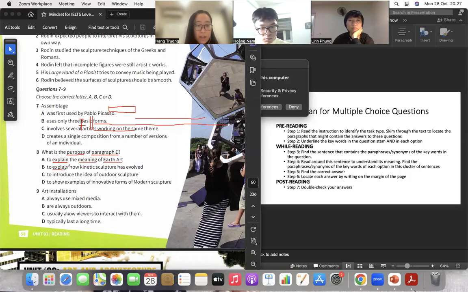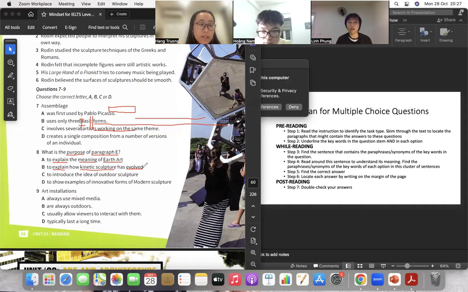B: explain how kinetic sculpture has evolved. Kinetic sculpture is one type of sculpture, right? What does it mean, evolve? It goes like more than developed. Yeah. So the noun form is evolution, right? So how it developed into a completely different form over time.